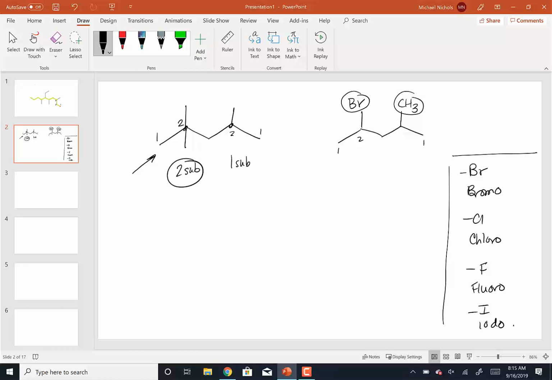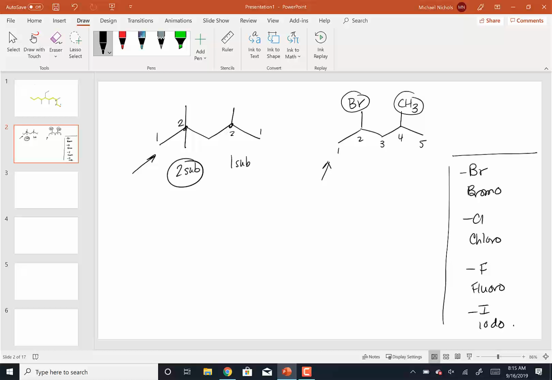So this one would be numbered 1, 2, 3, 4, and 5. So those are our two tie-breaking rules. Greatest number of substituents, if there's more than one, and then same number of substituents, first alphabetized wins.